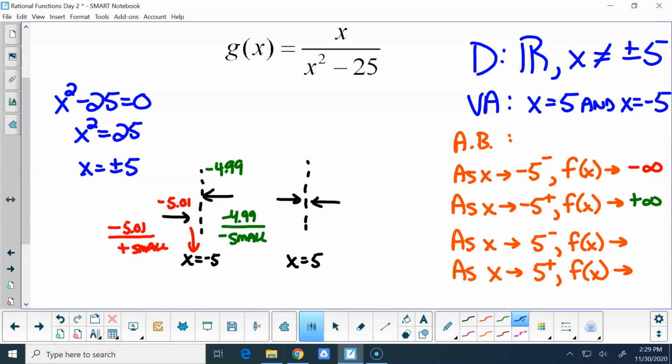On this side, now we're going to switch over to x equals 5. So now this would be like 4.99 here. So we would have positive 4.99 divided by a negative small number. So positive divided by a negative, that's going to be negative infinity.